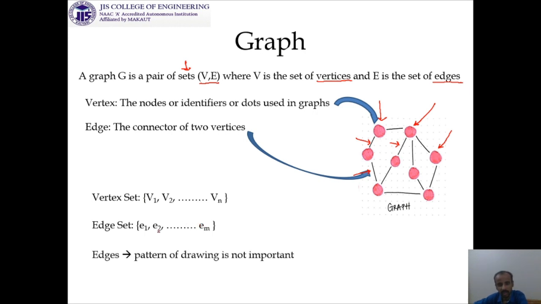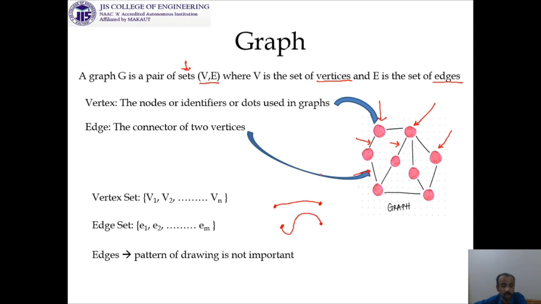Now, one very important point: in the case of edges, the pattern of drawing is not important. Suppose this is your graph and you draw it like this, or instead of drawing this you draw it like that. If you are thinking about lines, curves, triangles, Euclidean geometry or something like that, then they are different.